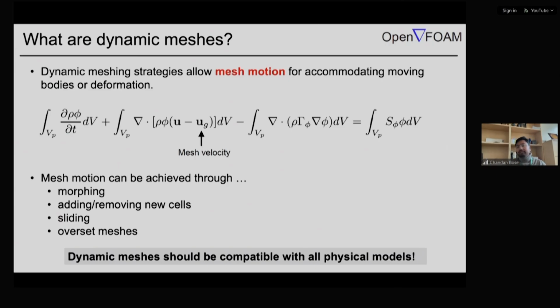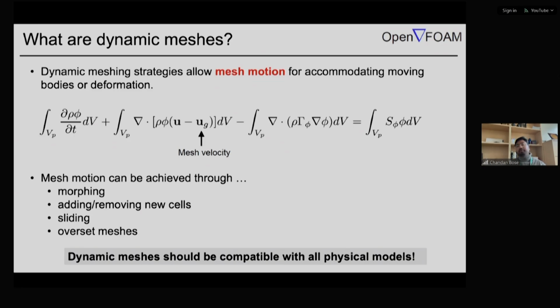Now, what are dynamic meshes actually, and why do we need them? Dynamic meshing strategies allow mesh motion. As I said, it enables us to implement a moving body simulation for whatever application we are interested in. To allow this mesh motion, we have to modify the governing equation of our problem.